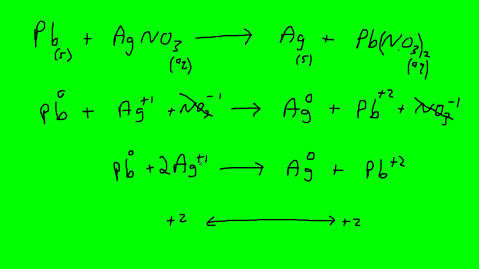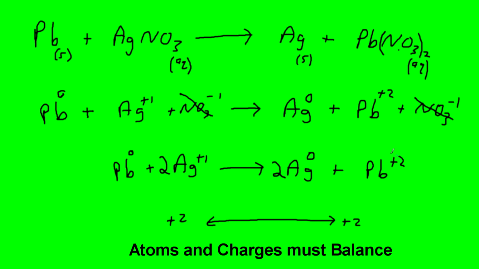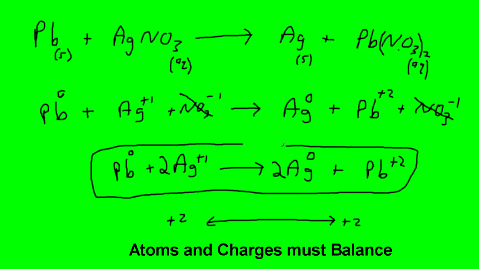But let's go back here. We have 2 silvers here, but we need 2 silvers here, because our atoms have to balance, and so do our charges. But putting the 2 on something that doesn't have a charge doesn't affect this charge. This side is still positive 2. This side is positive 2. We're done. This is our net ionic equation, balanced and ready to go. Piece of cake.